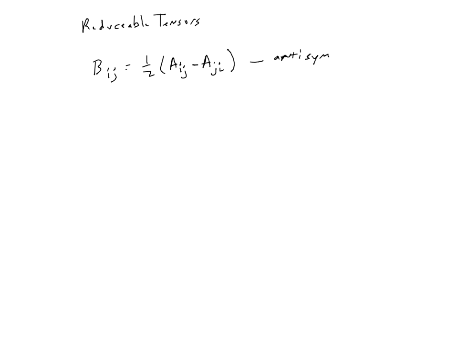And because it's anti-symmetric, we can actually write a pseudo vector where we use the Levi-Civita symbol with this. So this is a pseudo vector.